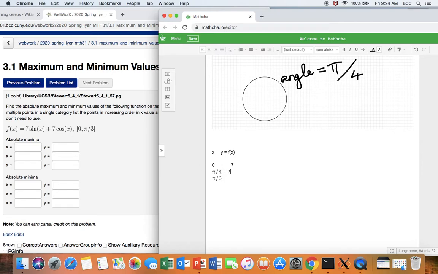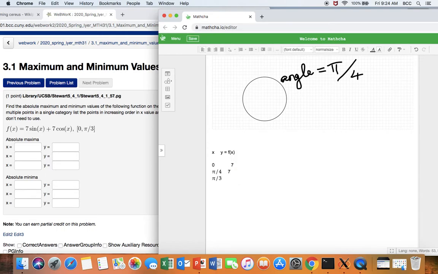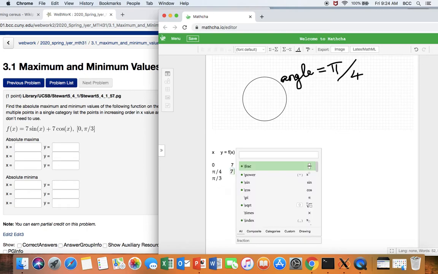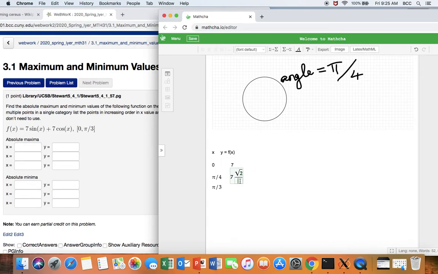So that is 7 times the fraction square root 2 over 2, plus the same thing again.